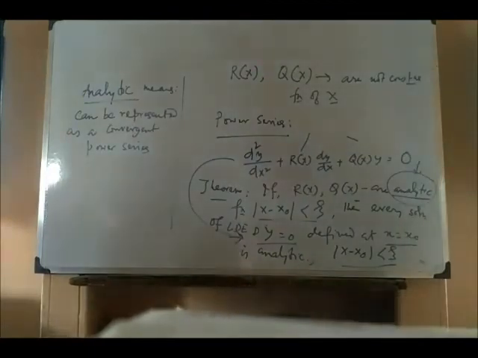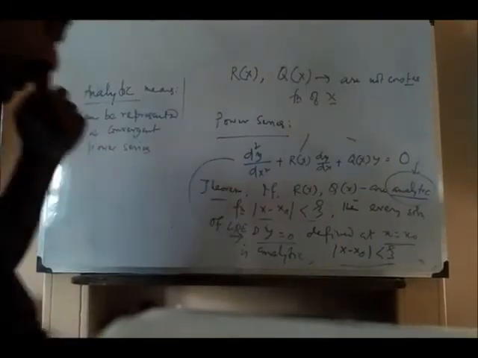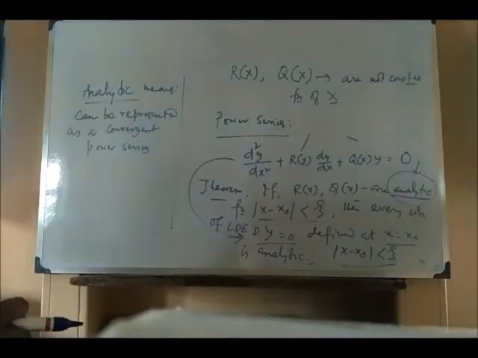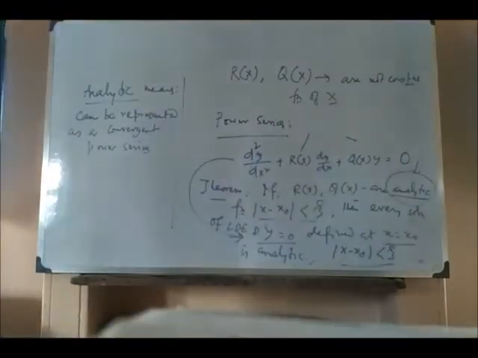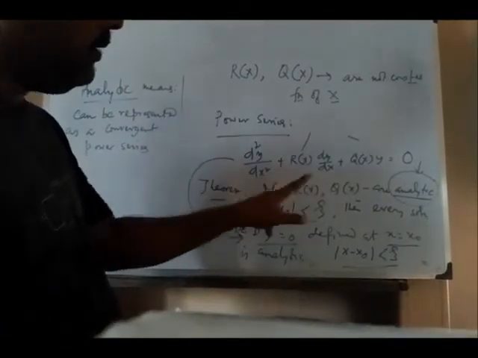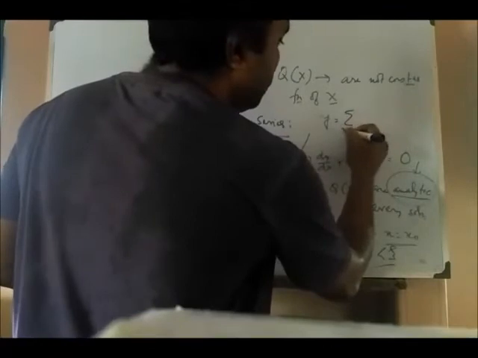Now we are moving a step forward, beyond our recapitulation: not only if these functions are constant, but if they are continuous, we get a general solution, and that particular solution can be represented in the form of this convergent power series.